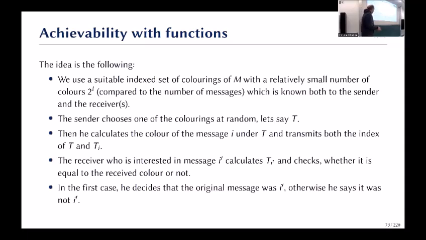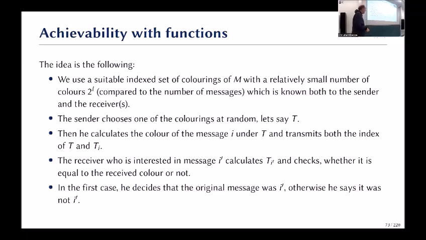So if you want to transmit an identity, you choose a coloring function T, choose randomly a message I with equal probability, look at its color, and then transmit both the randomly selected message and the value of T(i).